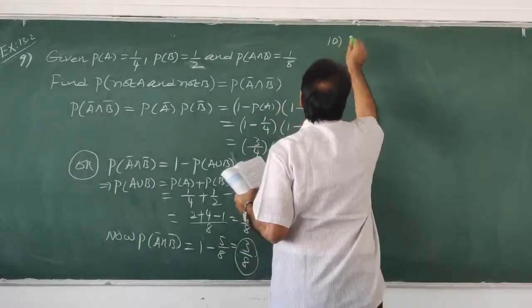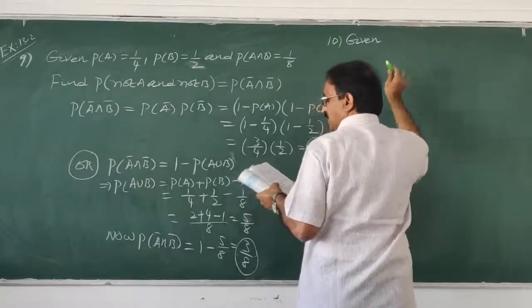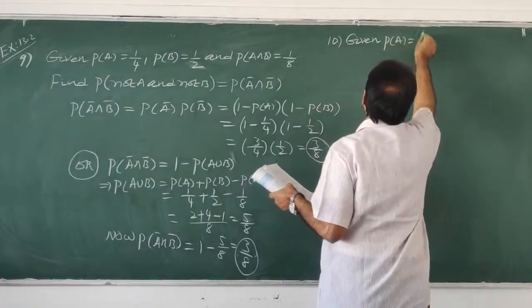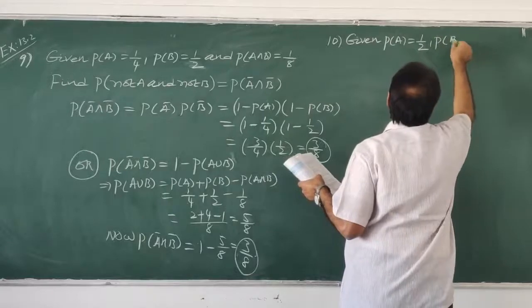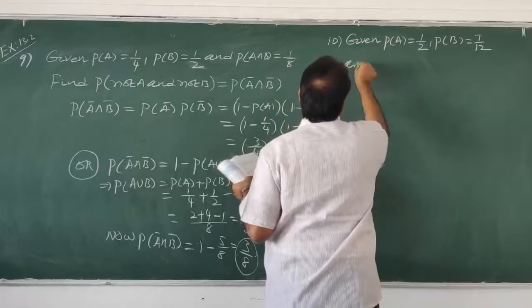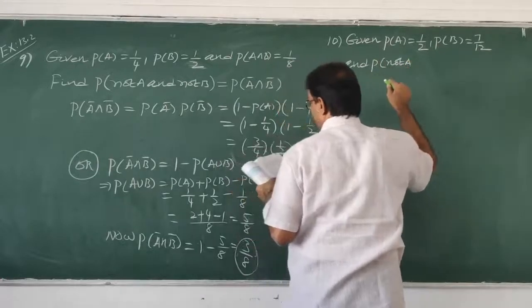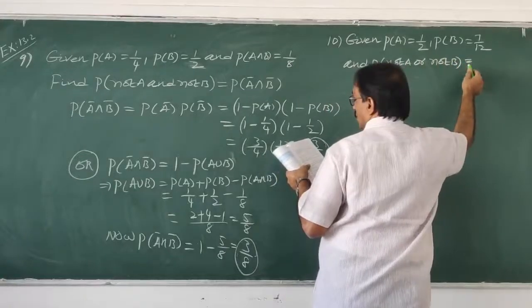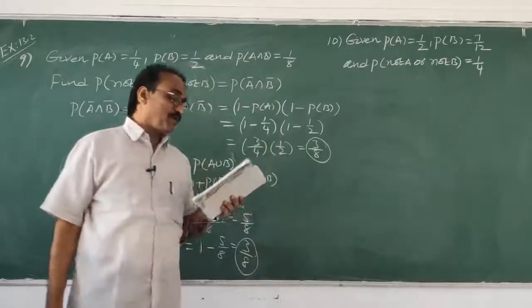Given: events A and B are such that P of A is 1 by 2, P of B is 7 by 12, and P of not A or not B is equal to 1 by 4.